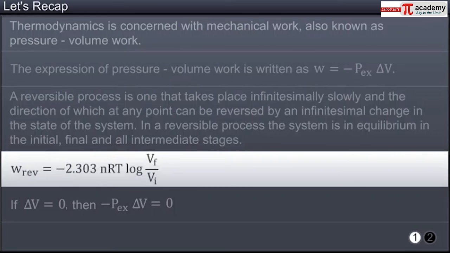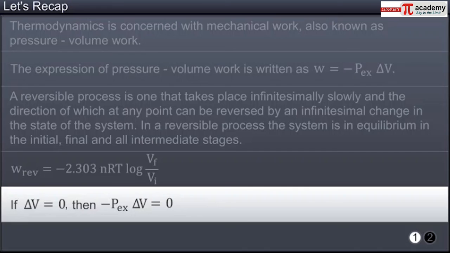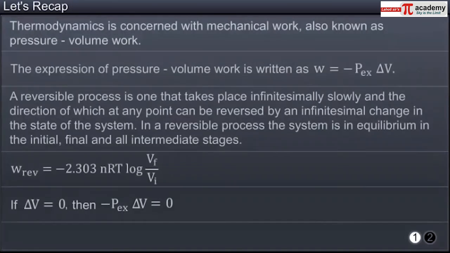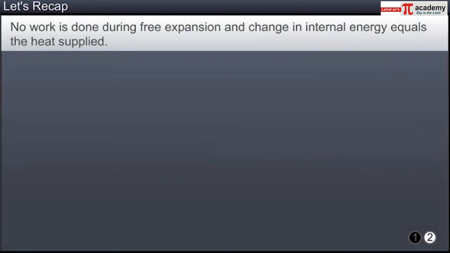Reversible work W rev equals minus 2.303 nRT log Vf by Vi. If the process is carried out at constant volume, delta V is 0. No work is done during free expansion and change in internal energy equals the heat supplied.